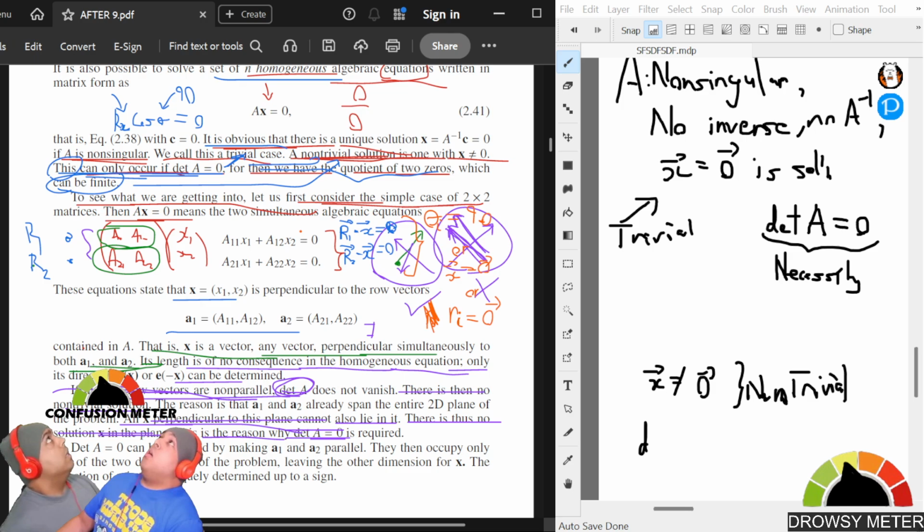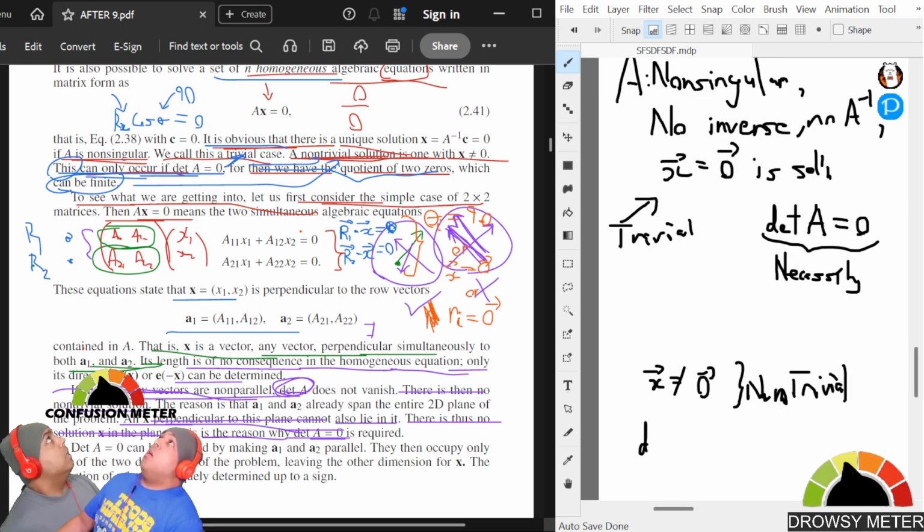Does non-parallel also discount anti-parallel? Non-parallel excludes both parallel and anti-parallel. Okay, so not parallel at all, in any context.